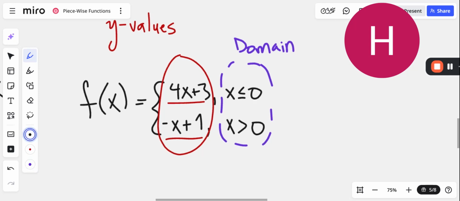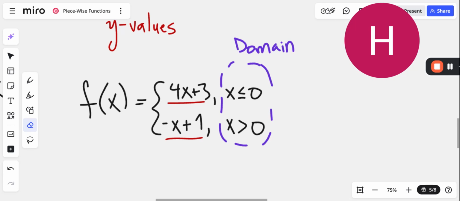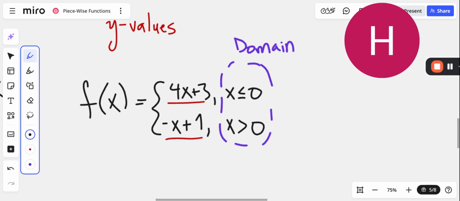As you can see, this top piece, 4x plus 3, you can find y values by just plugging x into 4x plus 3. But we are restricted by this domain that we're only allowed to plug in x values which are less than or equal to 0.